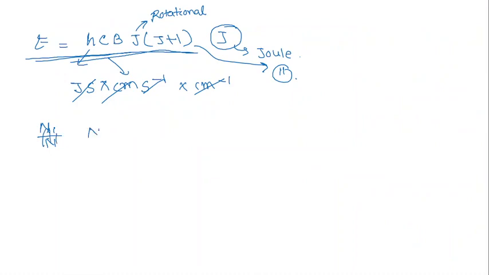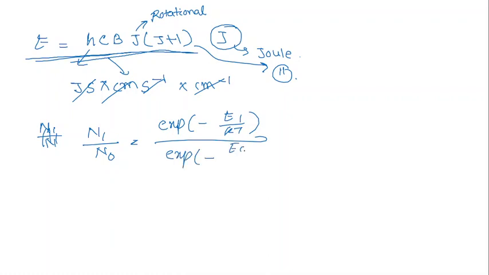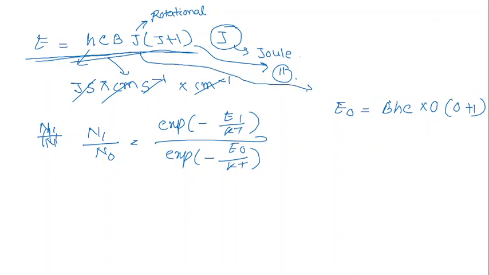Okay, first N1 by N0 equals exponential of minus E1 by kT minus E0 by kT. E0 is BHC, J into J plus 1. I am putting here J equals 0, so what will be the value of E0? It will be 0. When J equals 1, E1 will be 2BHC.